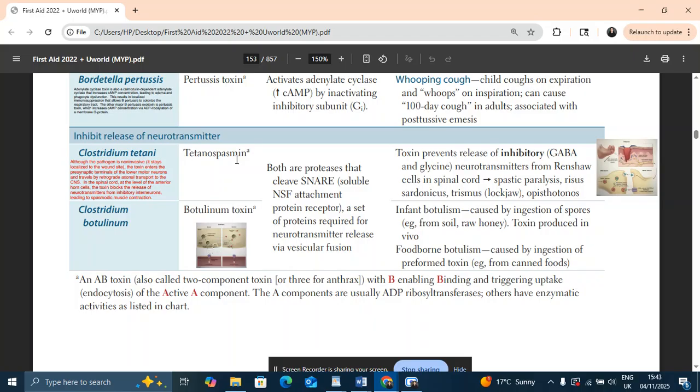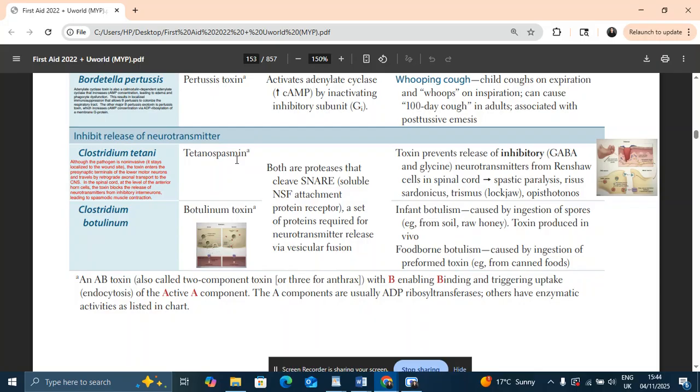The pathogen stays at the wound site, but the toxin, the tetanospasmin toxin, enters the presynaptic terminals of lower motor neurons, and it travels by retrograde axonal transport to the CNS.